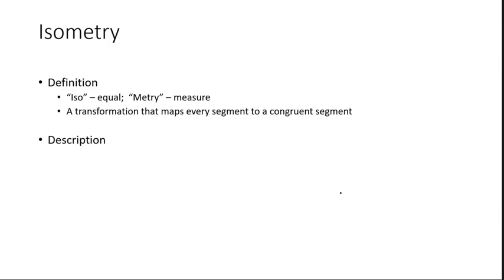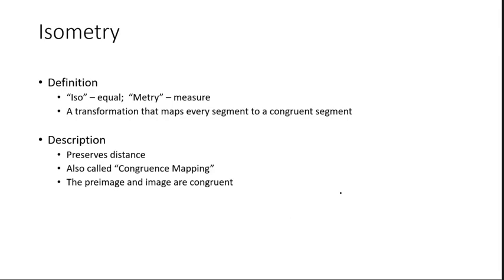So that's your definition, and a description of this is it preserves distance, so it preserves the length or distance of a segment, and it's also called congruence mapping for that reason, because it's creating congruent parts, congruent segments. And then also if that's the case, the pre-image, so the original input, and the image, the output, are going to be congruent.